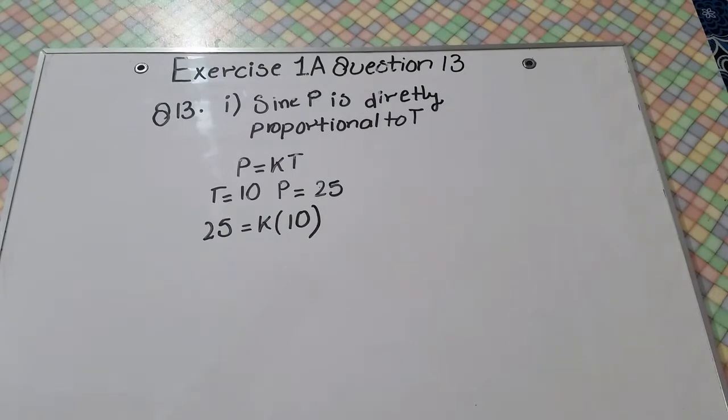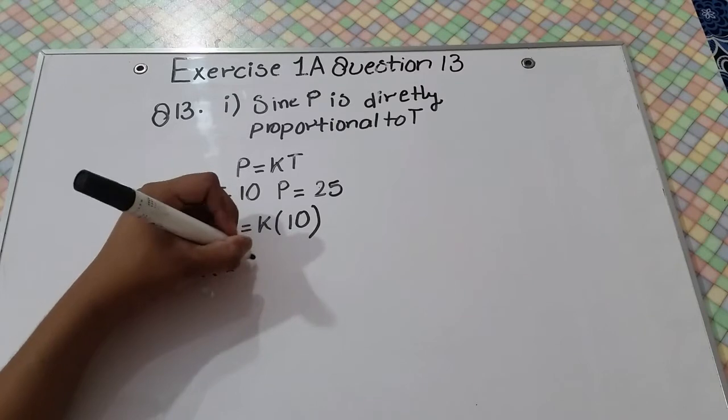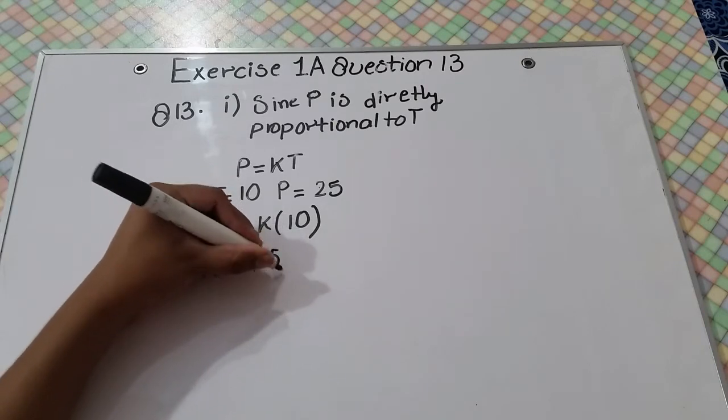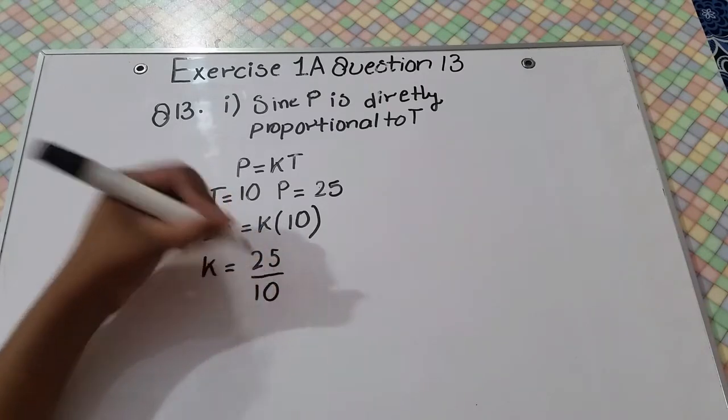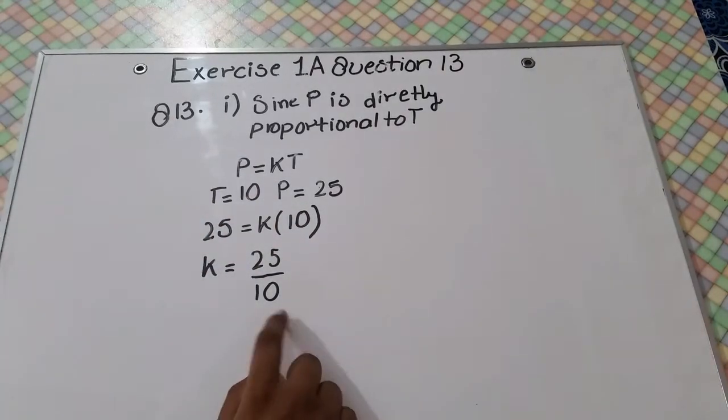So simply we are going to divide this: 25 divided by 10. When 10 moves over here, it will be dividing.